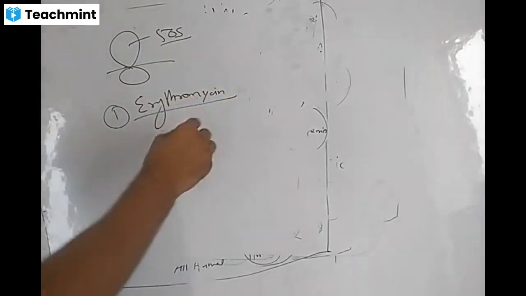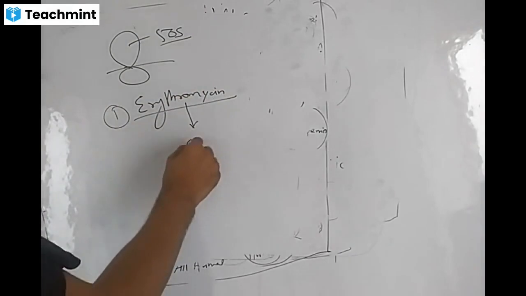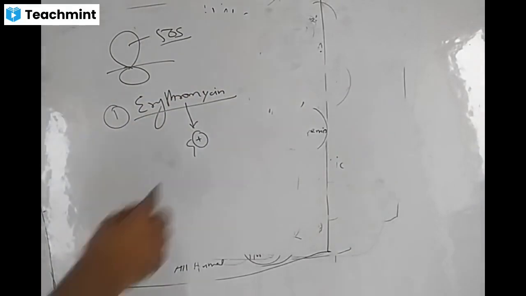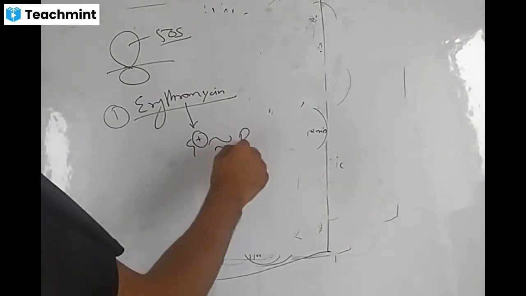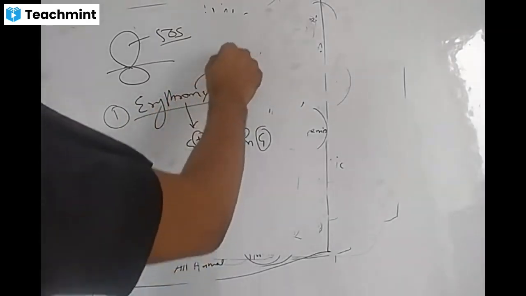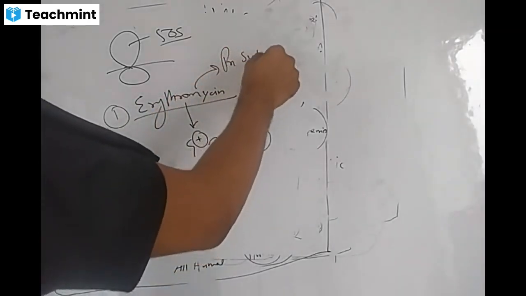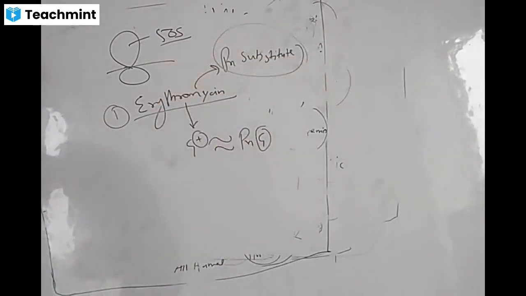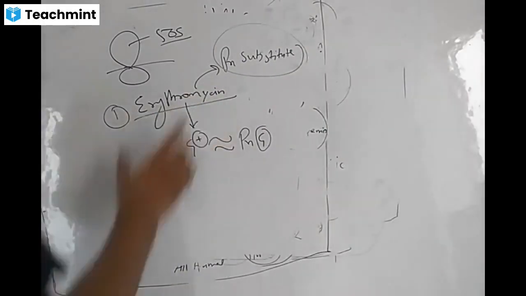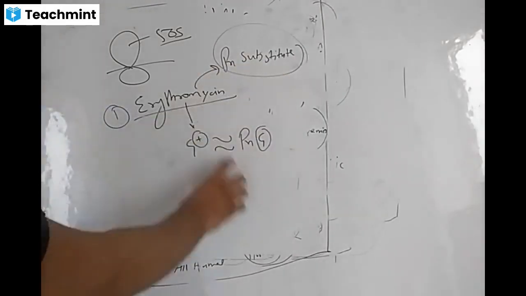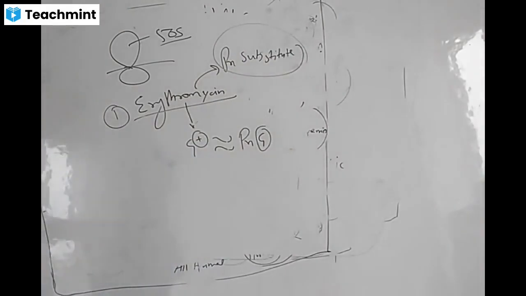Erythromycin has its spectrum only for gram-positive bacteria, which is similar to your penicillin G. So we call erythromycin a penicillin substitute. Means if a patient is hypersensitive to penicillin, we can use erythromycin. Spectrum of both is narrow, gram positive. So these are penicillin substitutes.